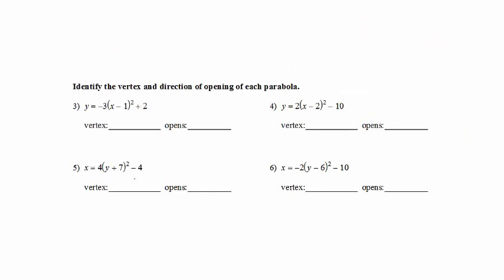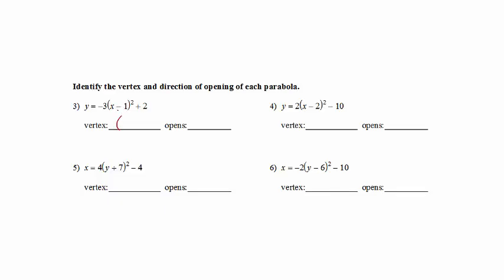On to conic sections. So if we have a parabola, what we care about is the vertex and which direction it's opening. And so the vertex on these has to do with what's inside of our parentheses and what's at the end outside. So when we find the vertex, if it's x inside, then what's inside is telling you your x value.